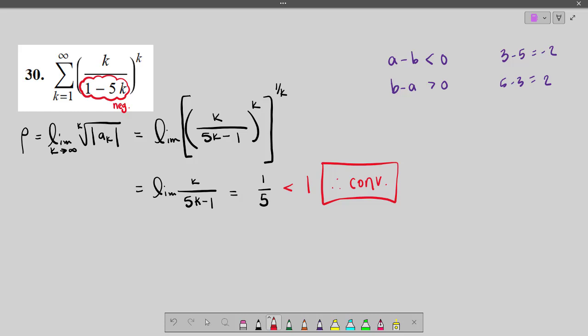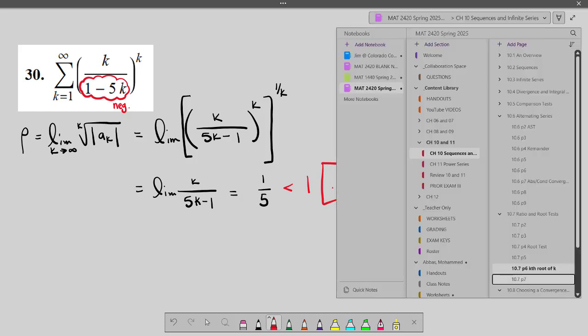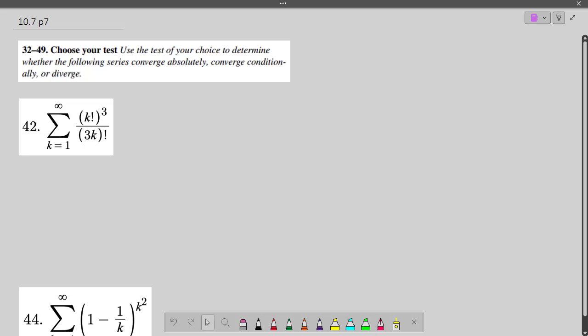Negative 1/5. That would be the limit of the inside. And so we have negative 1/5 to the infinity. That is not indeterminate. Negative 1/5 to the infinity is going to go to 0. So this is not like a 1 to the infinity indeterminate form like we've seen a bunch of times. So that's not indeterminate.